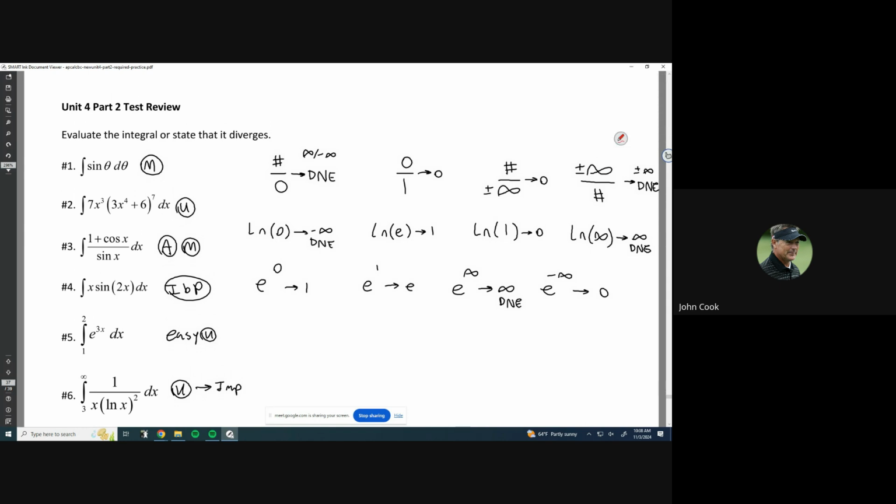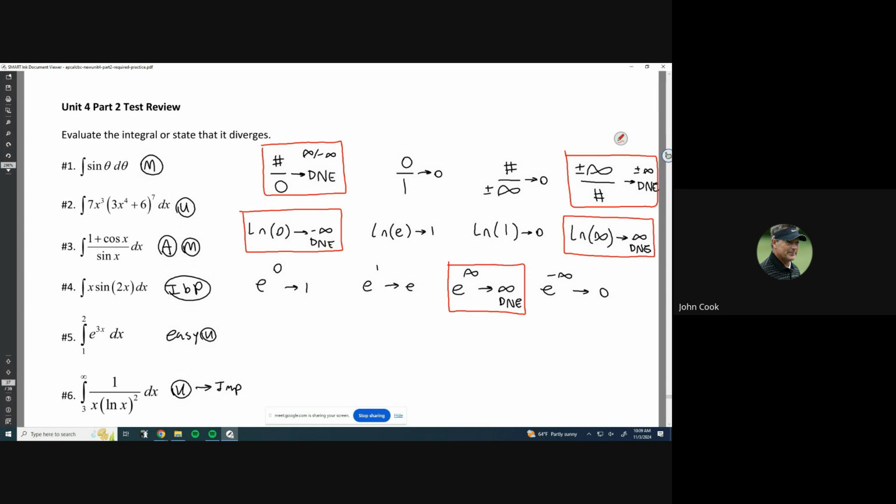So here's the deal. If you perform an improper integral and one of your bounds that you use with the fundamental theorem of calculus ends up with an infinity or any of these DNE situations, then you cannot proceed with your improper integral.